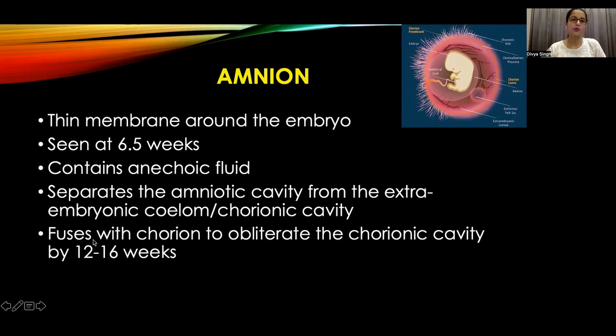This is important to know so that you don't mix up the yolk sac with an umbilical cord cyst, because an umbilical cord cyst would be present within the amnion. Also, as the gestational sac or the amnion grows, there is fusion of this amnion with the chorion, which results in obliteration of this extraembryonic coelom or the chorionic cavity by 12 to 16 weeks of gestation.